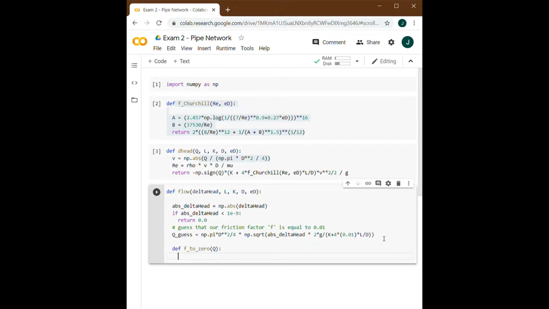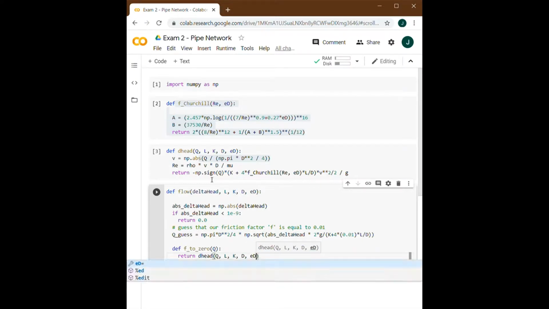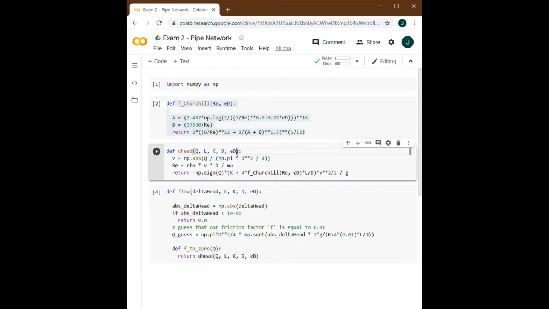So we're going to pull the function we created a minute ago, and put in our Q, our flow rate, length, K constant, diameter, and internal roughness, all of the inputs required here.